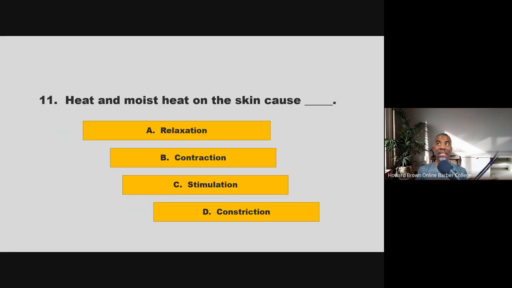Heat and moist heat on the skin cause blank. Is it relaxation, contraction, stimulation, or constriction? If you chose A, relaxation, you are correct.